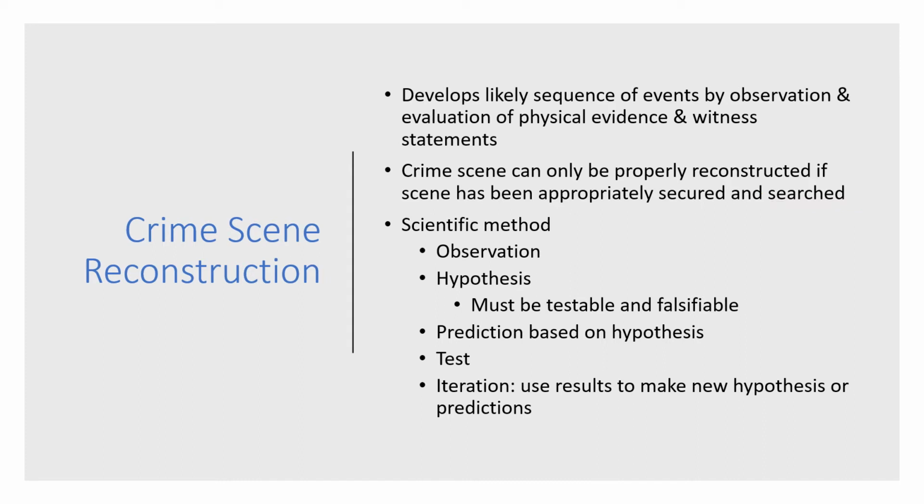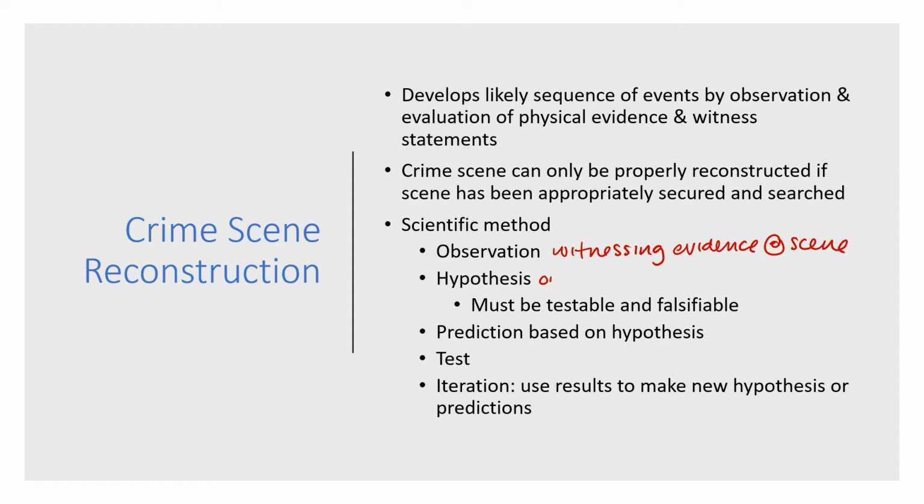For this, you'll be employing the scientific method. As you saw in the last slides, steps include observation, witnessing something, in this case, evidence at a scene. You'll form a hypothesis.